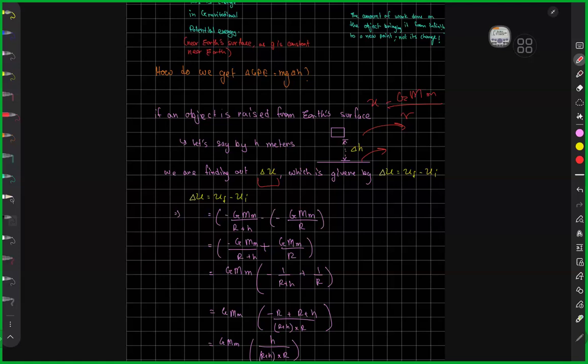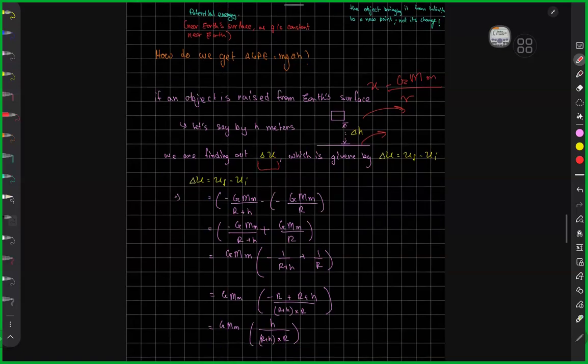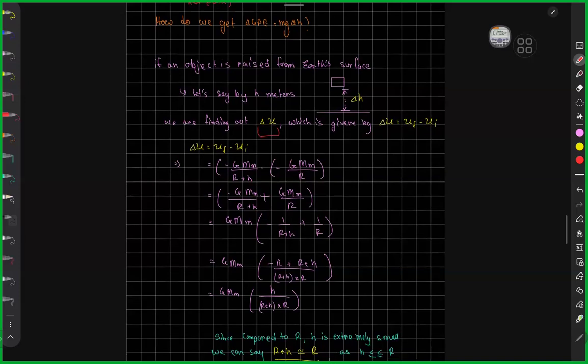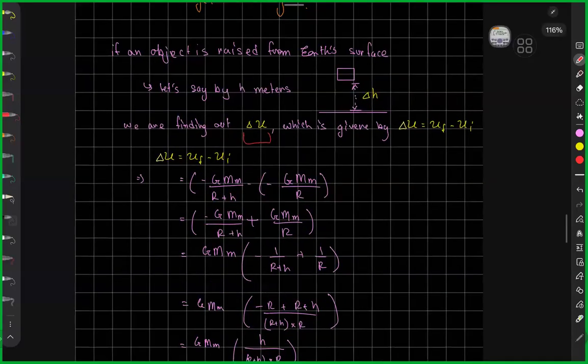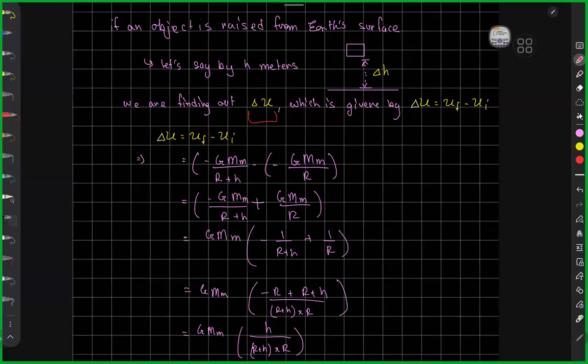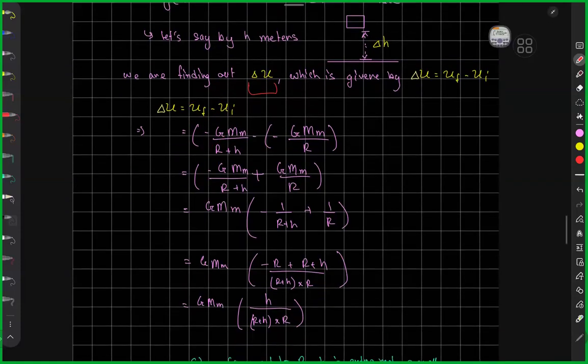That is what's going to happen. So let's find it out using the formula. Let's see what my expression looks like when I do the derivation. That is U_F, the gravitational potential energy at the final position, minus the gravitational potential energy at the initial position.